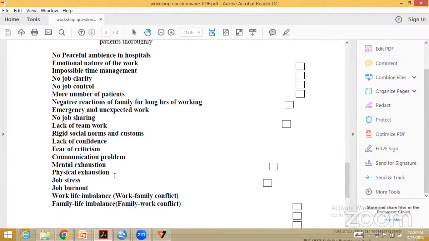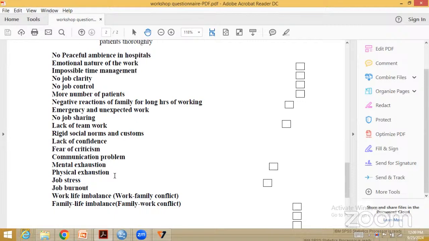Then I want to identify the most dominant factor which creates job stress for the gynecologist working in a government hospital or for the gynecologist working in a private hospital, according to question number 12.